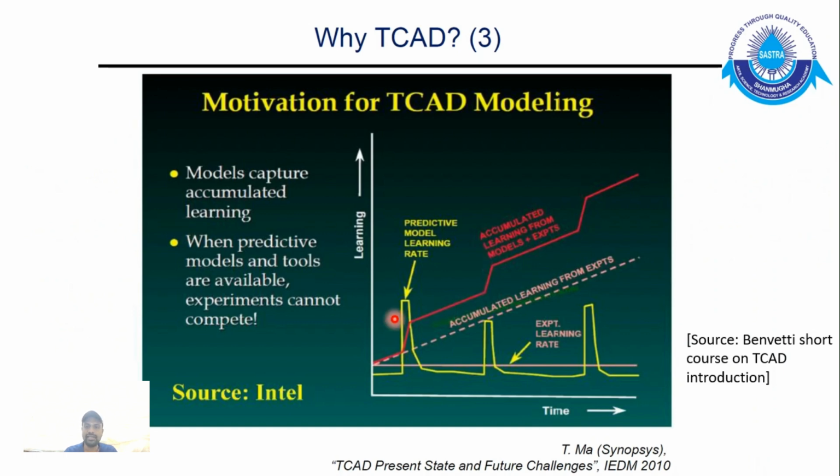And here you can see from Intel, it's also a bit old, but you can see the learning. If you use only experiment, the learning rate is this dashed line. But when you add the TCAD simulations, you have a higher learning rate.